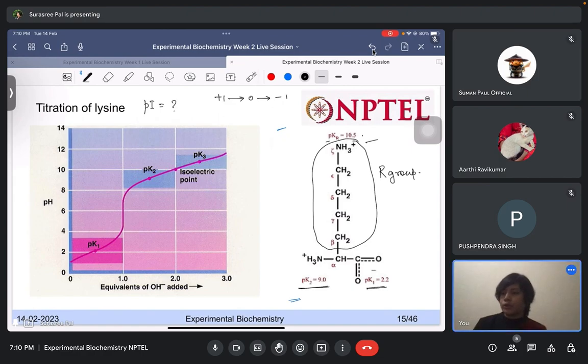Okay, so here let's see how this +1 to 0 to -1 structure will change. Okay, all right, the charge will change.